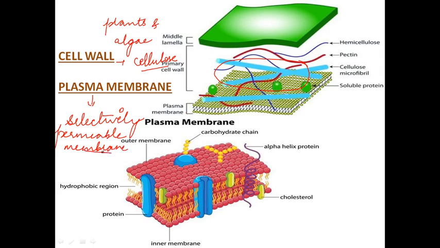If you look at the structure of the plasma membrane, it was S.J. Singer who gave the structure in 1972. The structure of the plasma membrane is known as the fluid mosaic model.